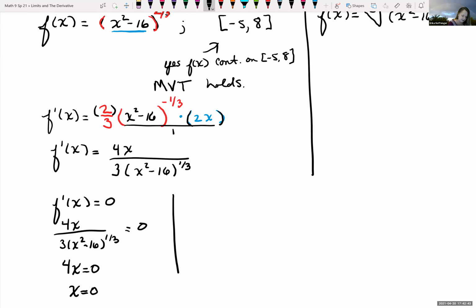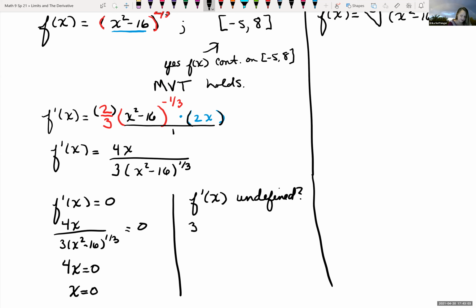We also need to look at when f prime of x is undefined. Well, we now have variables in the denominator, and so we cannot have the denominator equal to 0.